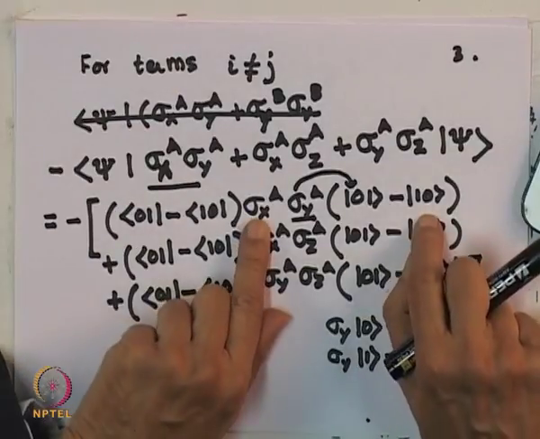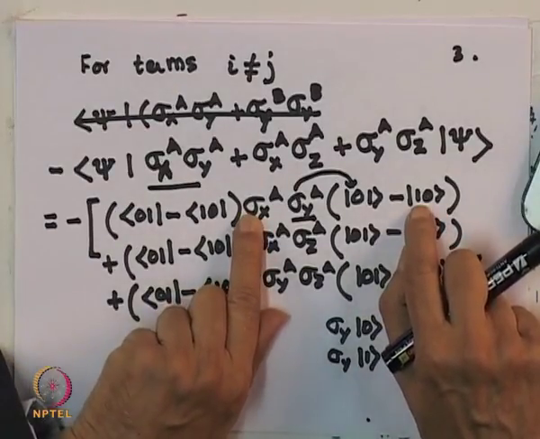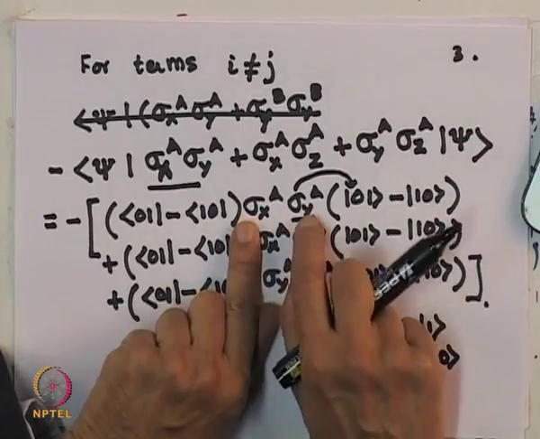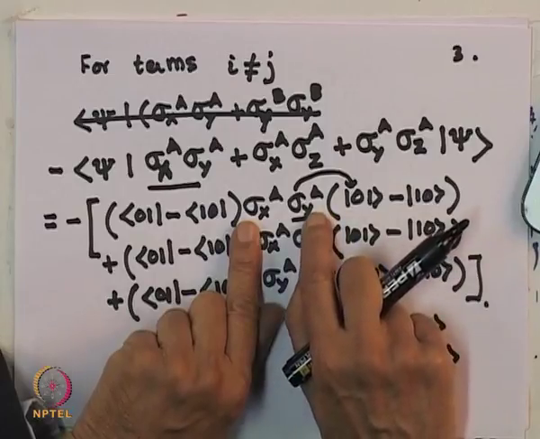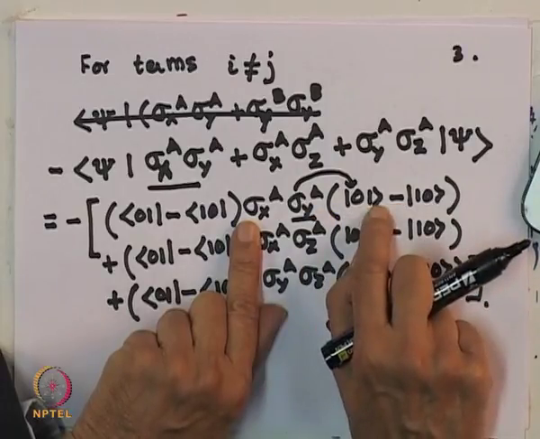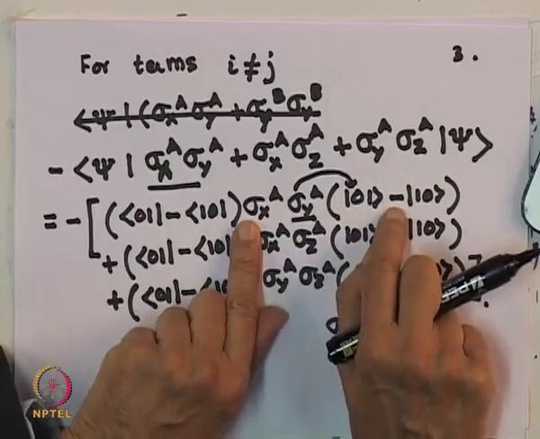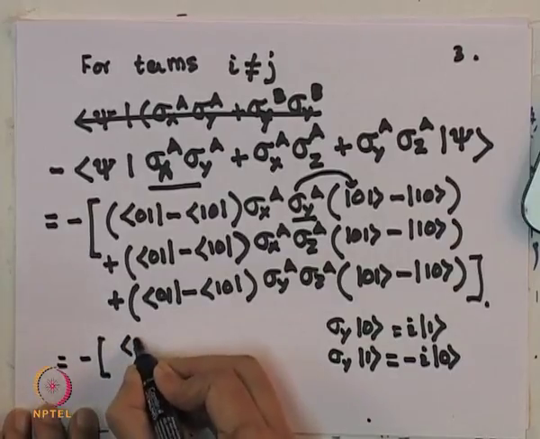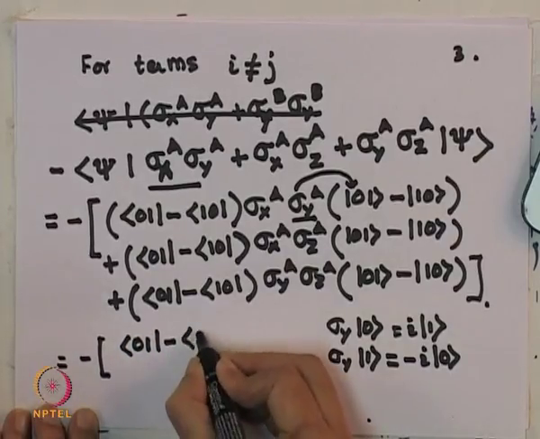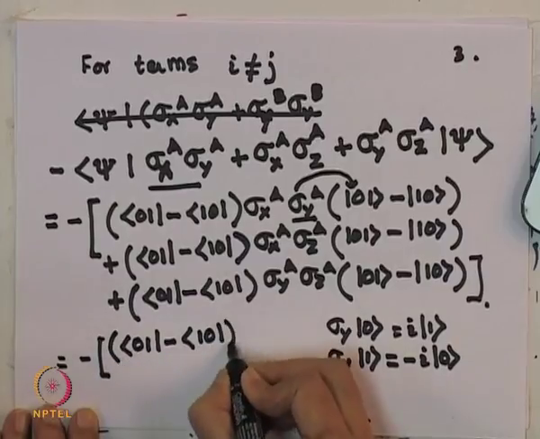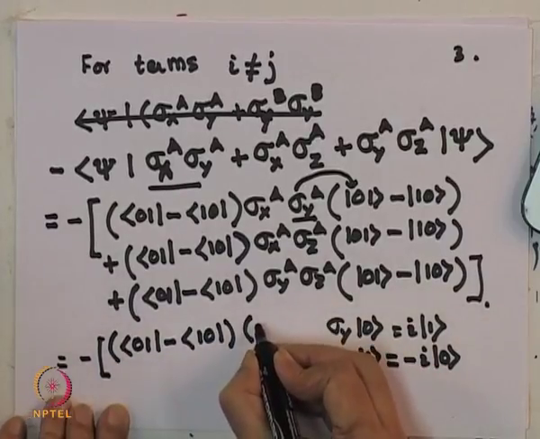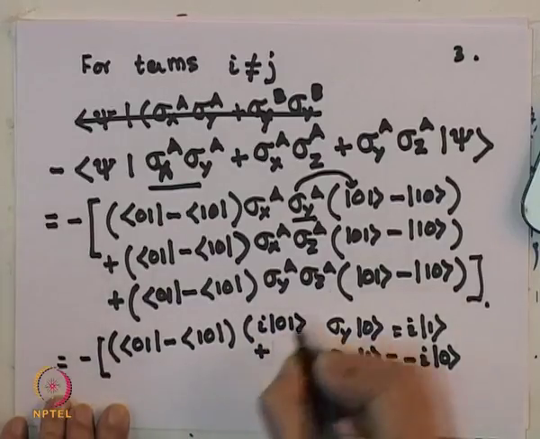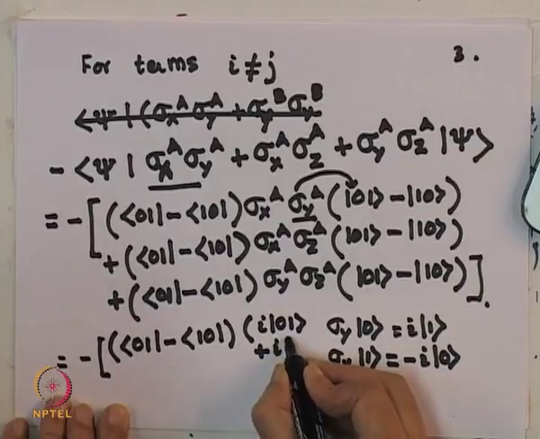Now let us look at this. Here also the same thing happens. So look at what I am getting here. I get again the sigma ya acting on this state, and so this will give me, minus sign is already there, 0 1 minus 1 0 into, as we said, i times 0 1 plus, because that was a minus i, 1 0.